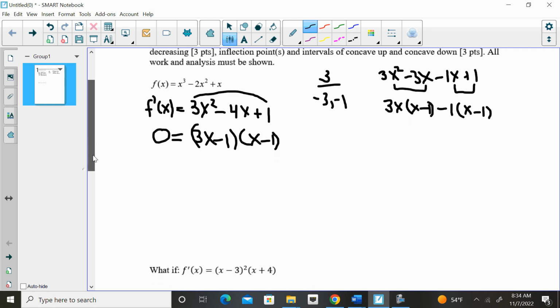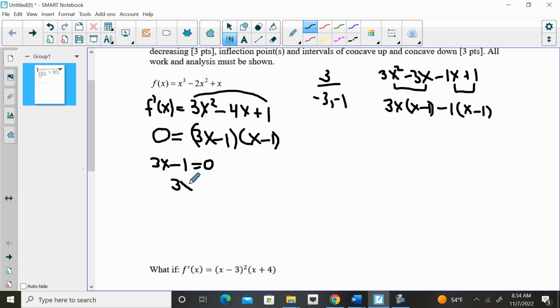I'm going to assume this one you can easily do in your head. Maybe you need to do the arithmetic on this one, where we set this equal to 0. We add 1 to both sides, and then we divide both sides by 3 to get x equals 1/3. Those are the numbers when we take our derivative and set it equal to 0.